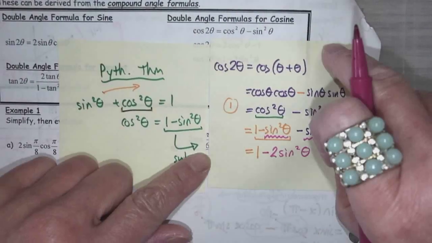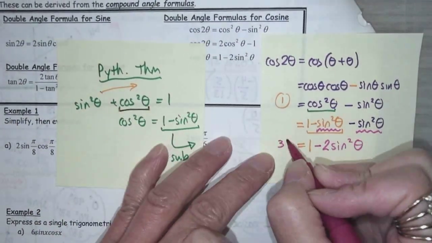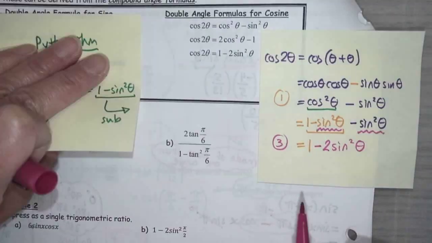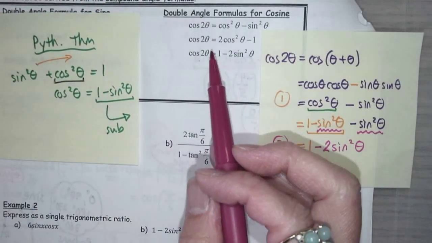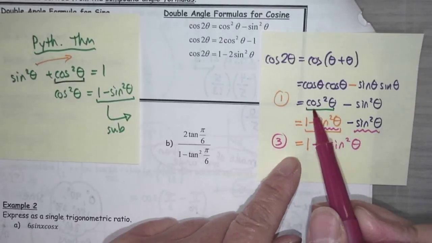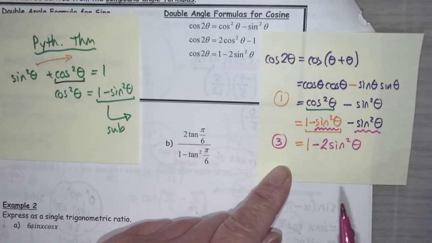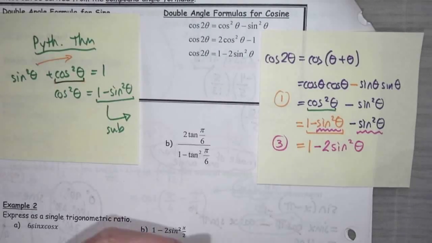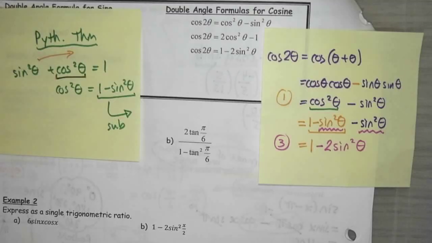And that is equation 3, the third one. What if I wanted the second equation? Instead of subbing in cos squared, I would have subbed in for sine squared and switched it to cos squared. I would have gotten this version. But do you see how they're all exactly the same? They're just reworked a little bit with the Pythagorean theorem.